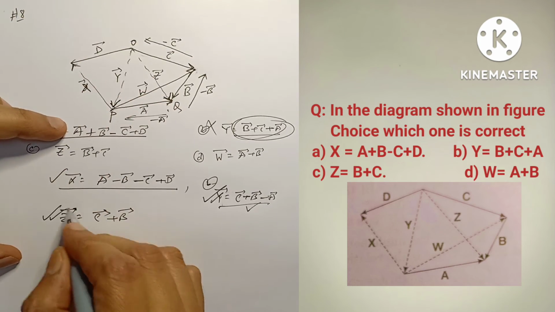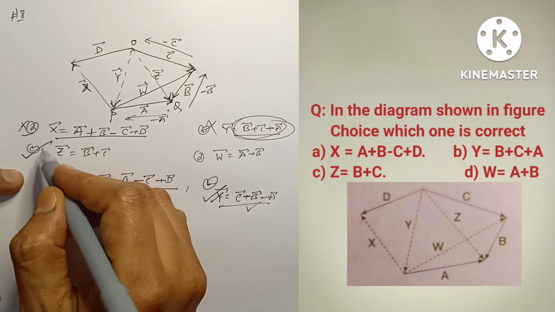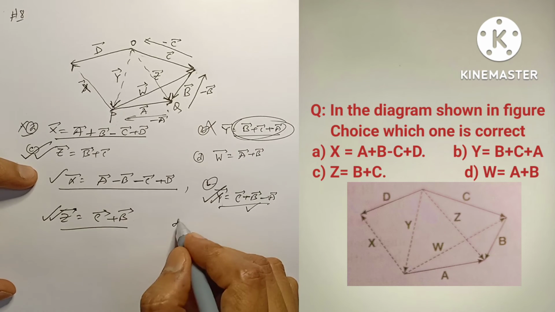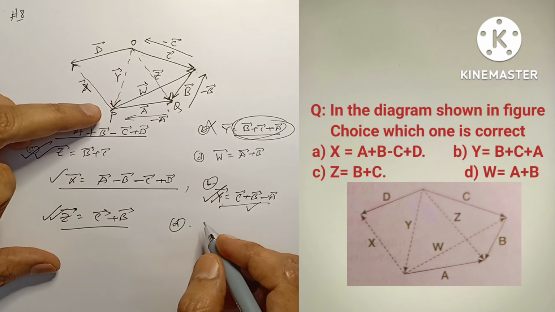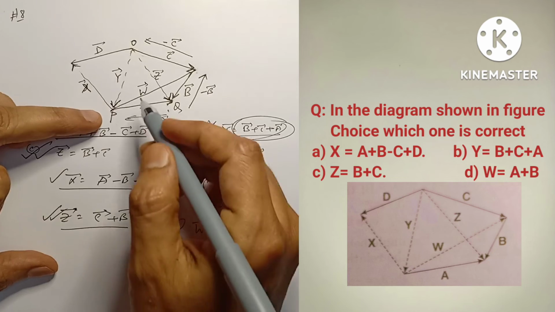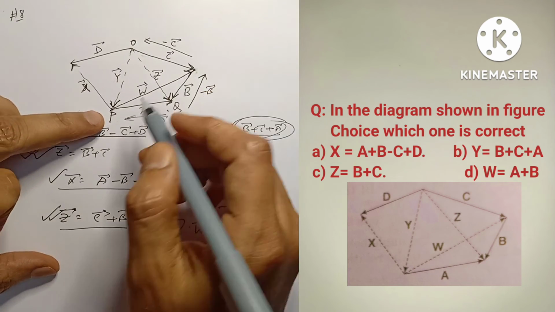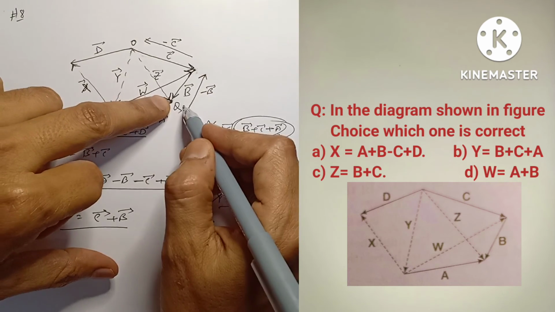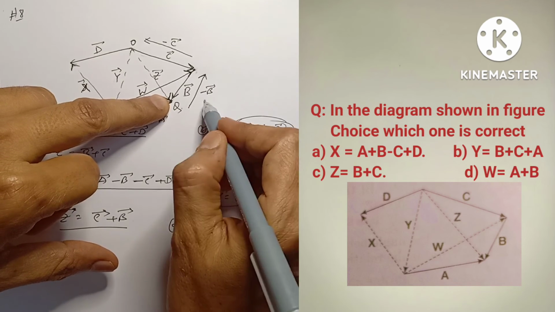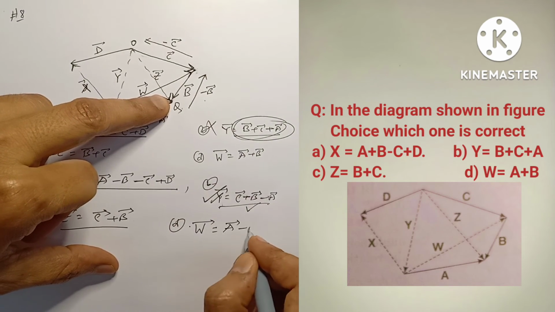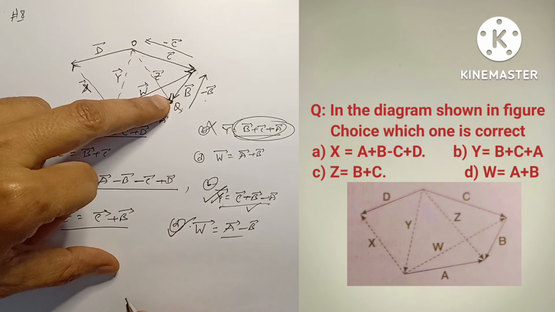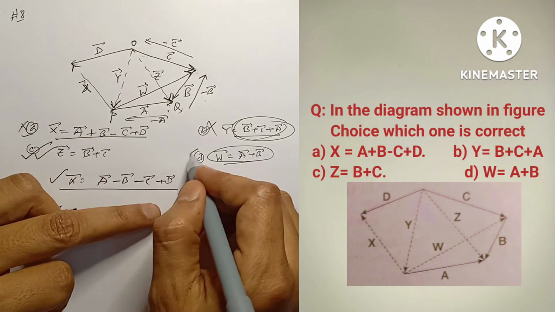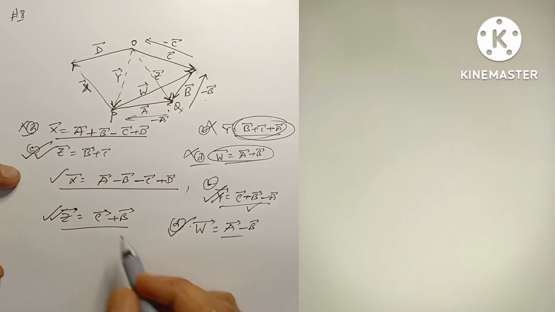This is the correct form of z, which is given in option C, so it is the correct option. And for D, w vector is a vector along this direction, and in this direction minus b vector. So a vector minus b vector is the correct form of w, but they give an incorrect one. So this is the wrong option.